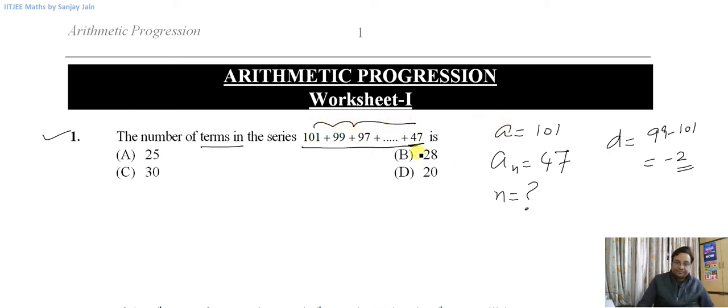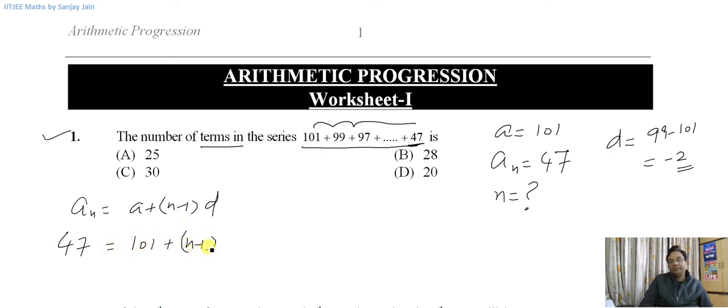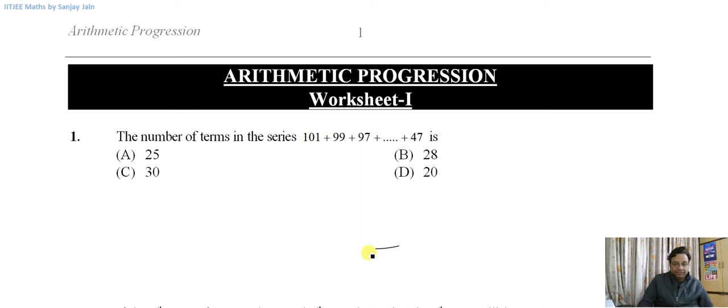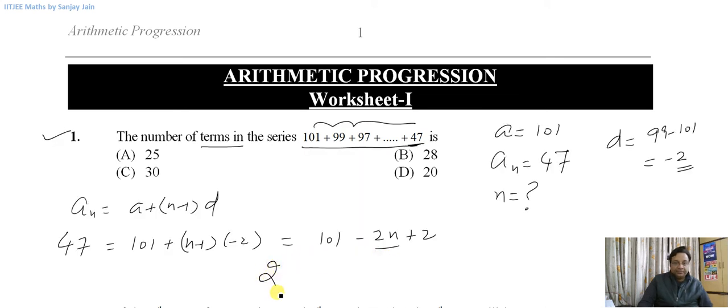Alright. So what is nth term? It is a plus n minus 1 into d. So we can say 47 is equal to 101 plus n minus 1 into minus 2, which is equal to 101 minus 2n plus 2, right? So if I bring this 2n on the left hand side, 2n will be equal to 103 minus 47, right?